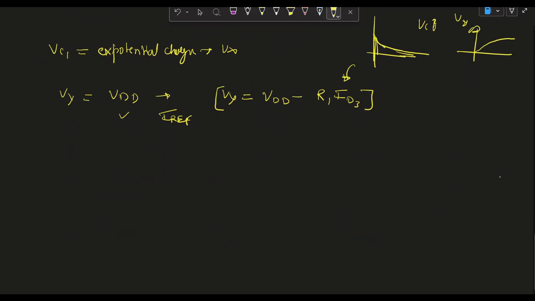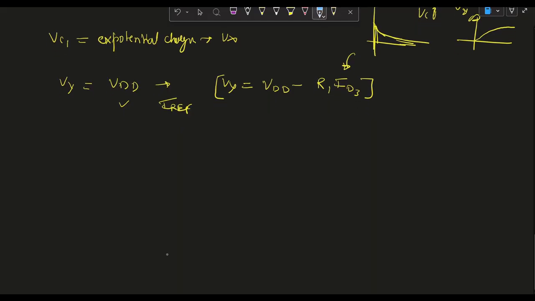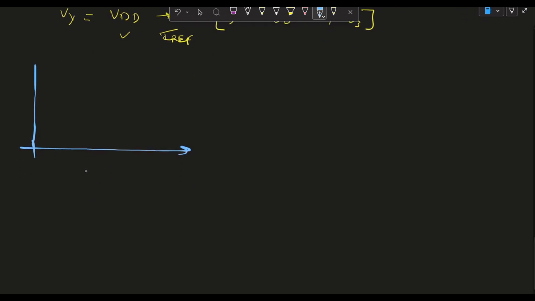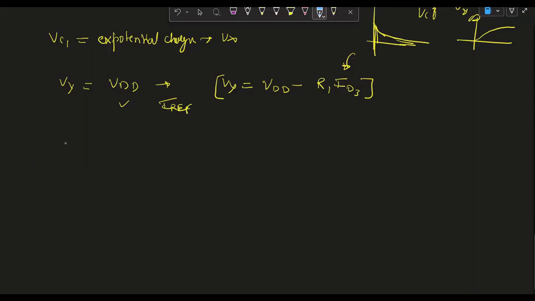So I will make a final graph with respect to time. First I will plot, let me make it much bigger.